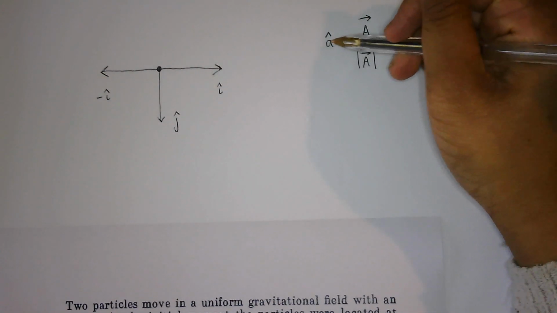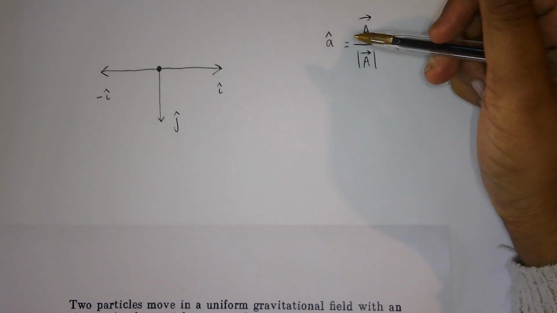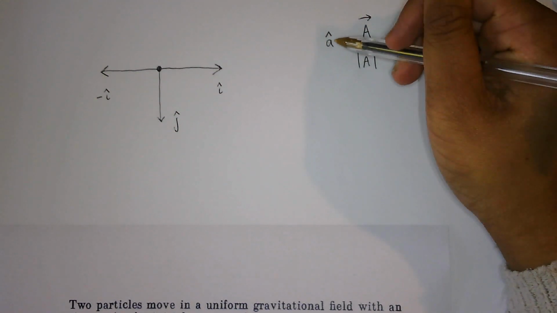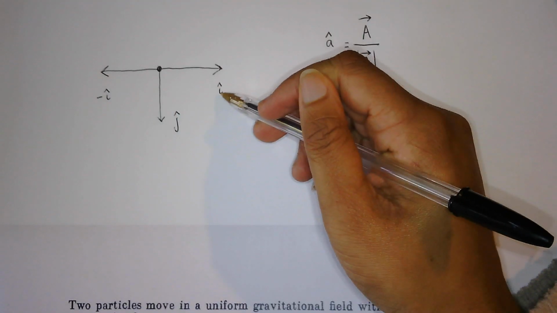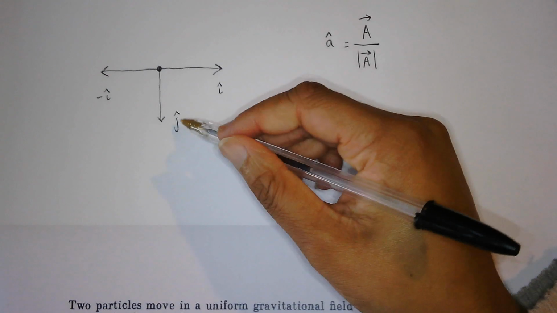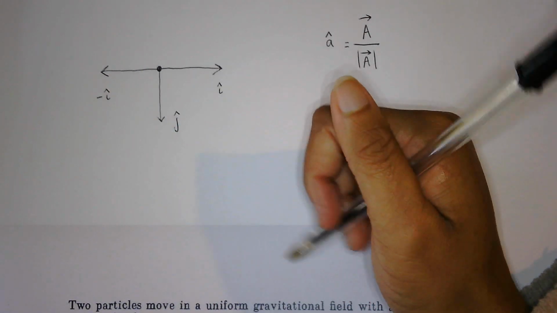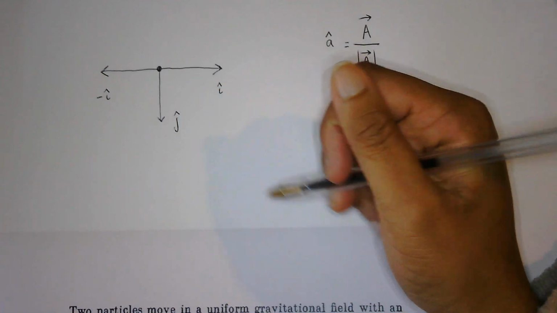So unit vectors always have a magnitude of 1, and they just have direction, and we normally use i to represent horizontal unit vectors, and j to represent vertical unit vectors, so the vertical direction and the horizontal direction.